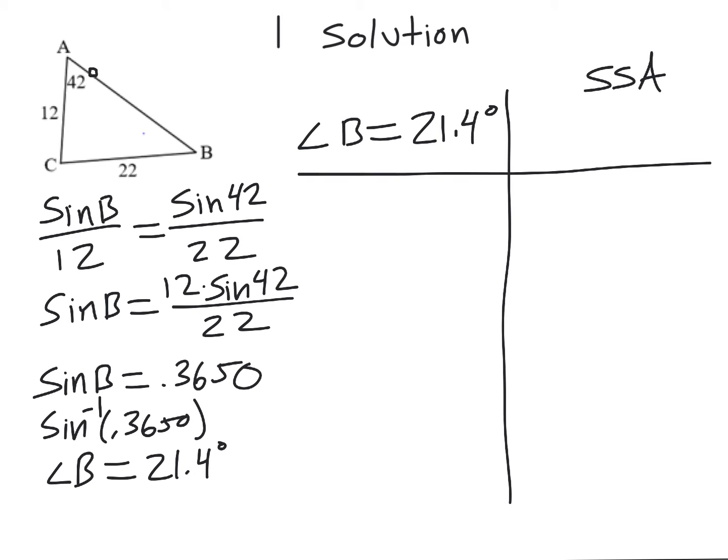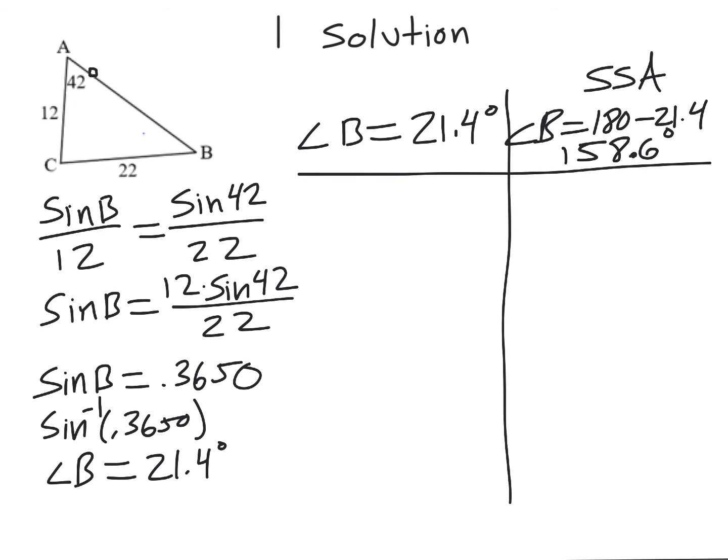Okay? There's another possibility in terms of its sine value that angle B could be 180 minus 21.4. And in terms of its sine value, we would get the same thing. Okay? So you have 158.6.